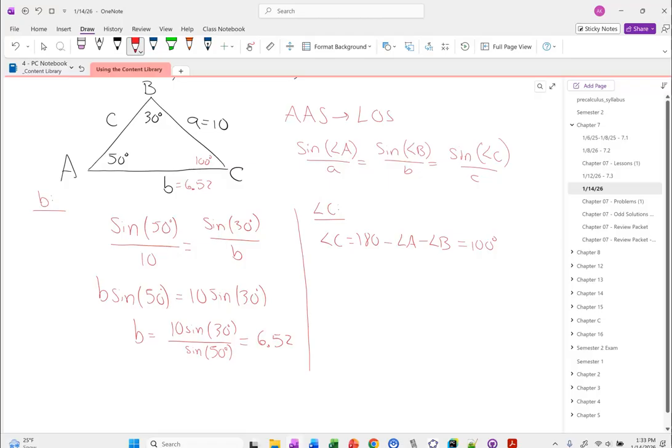Doesn't matter the order that you do this problem in? No. Okay. Now that I know angle C, I can use the law of sines, right? So I'll start it the same way.